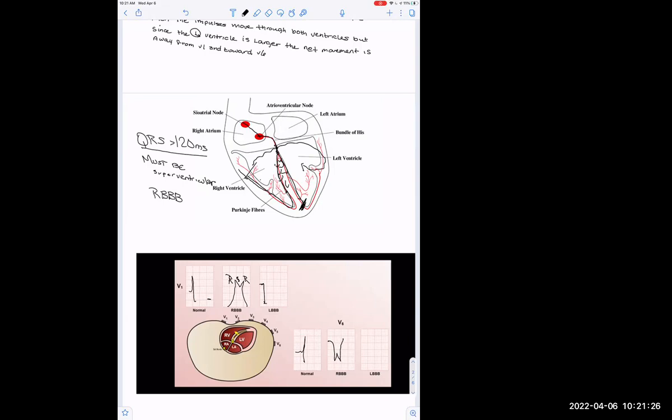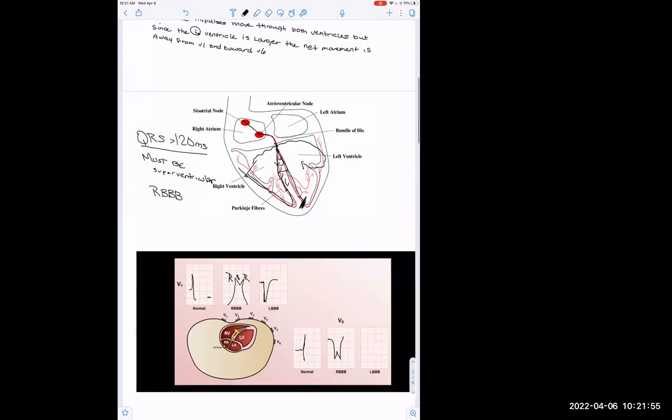So as it moves away, you get this negative deflection. And then as it does the cell to cell propagation and starts moving toward, you get a positive deflection and then a return to baseline. Okay. And that is your left bundle branch block in V1.